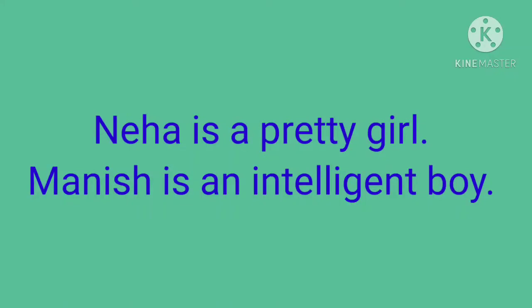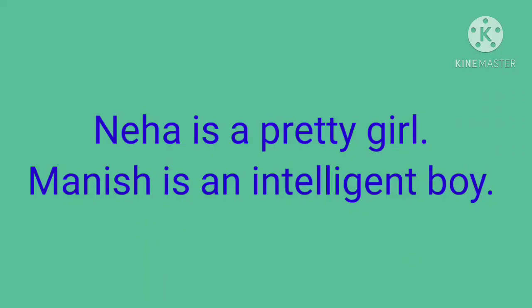These words are nouns. So here girl is a noun. What is the addition word that we have added to girl? Yes, that word is pretty. Pretty is a describing word of girl. So pretty is the adjective here.